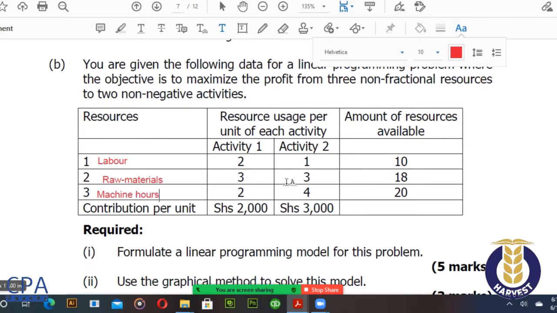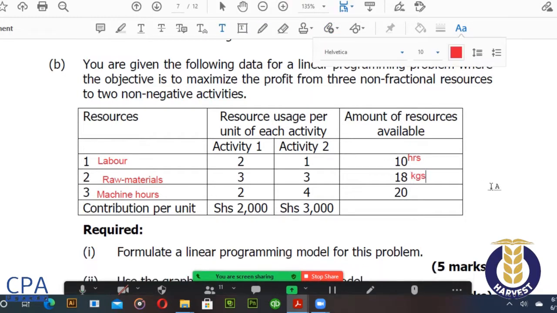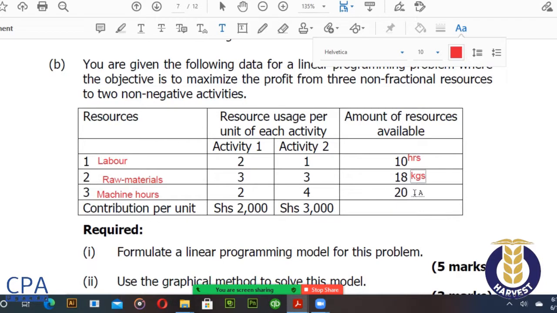So for this one, what is available may be 10 hours, and for these ones, what is available may be 18 kilograms, and then these could also be hours that are available.